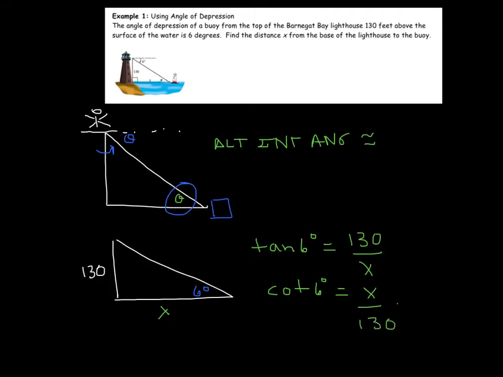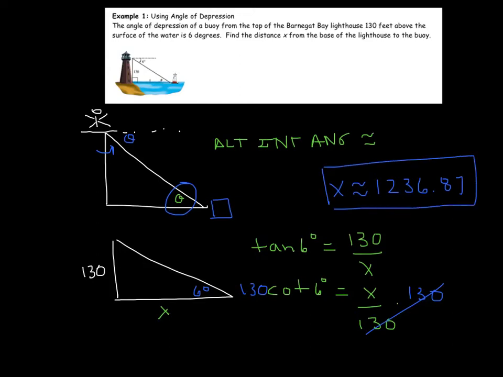So now all we need to do is simply multiply both sides by 130, and the 130s will cancel, and if you make sure your calculator is in degree mode, you will get 1236.87, and that is the horizontal distance from the boat to the lighthouse.